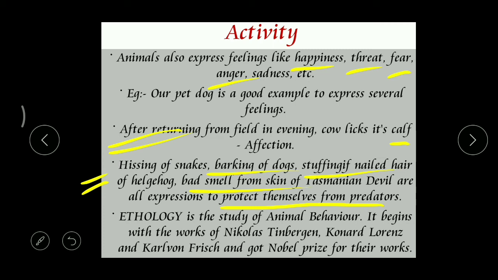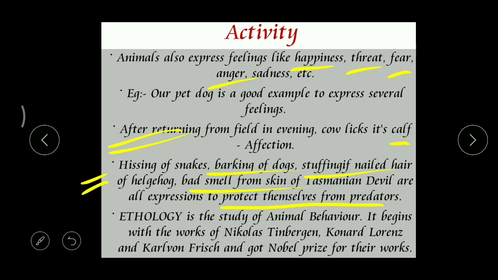Got it? Okay. So these are the various methods which are used by different types of animals in order to protect themselves from their predators. Predators means we can say enemies, right?